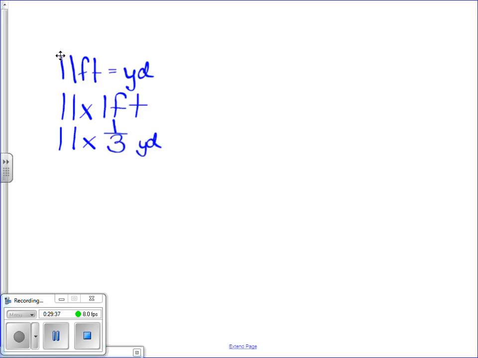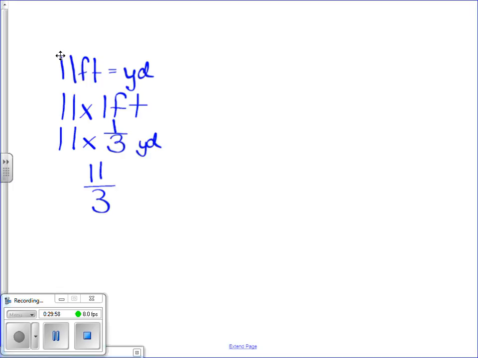It takes 3 feet to make 1 yard. It's not 11 and 1/3. It's 11 thirds, because if you were adding, it would be 11 and 1/3, but it's 11 thirds.